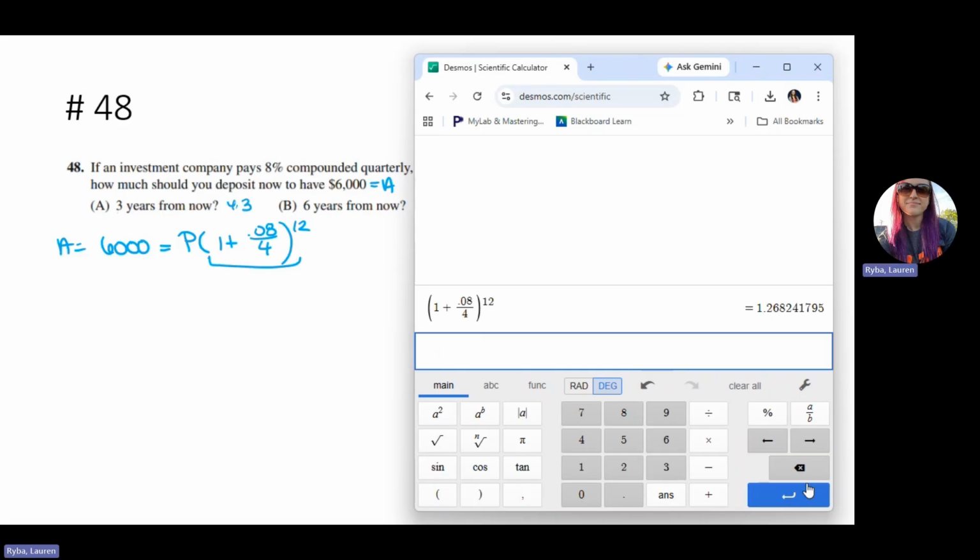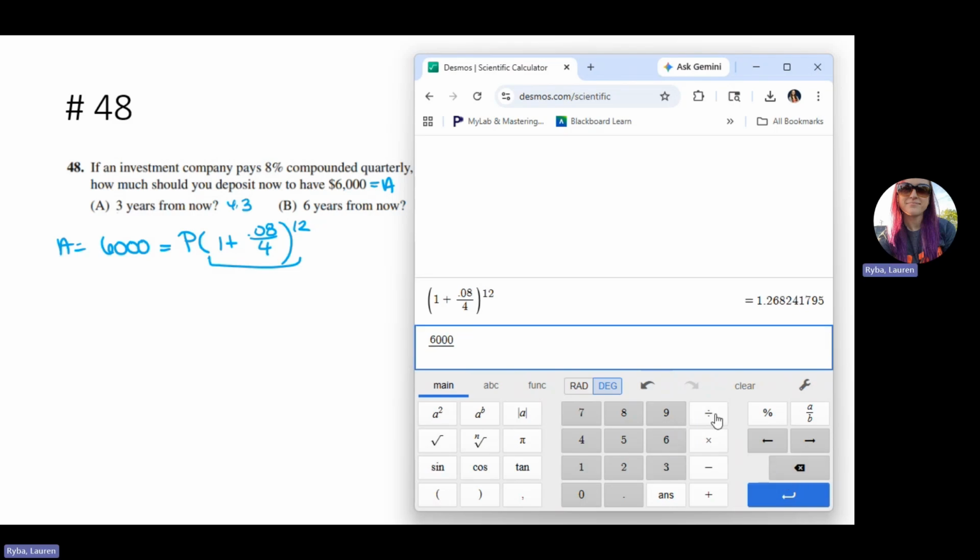What I'm going to get, though, is a rounded decimal. So if I do that and I take 6,000 divided by that rounded value, let's say I just did 3 decimal places, 1.268, this would be my answer.